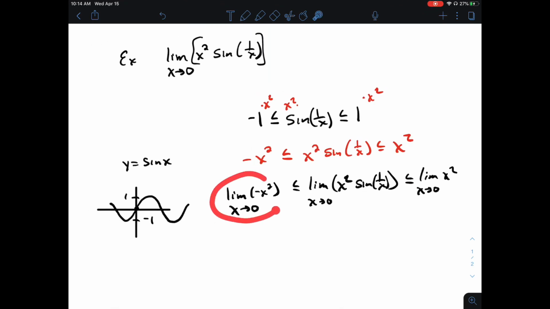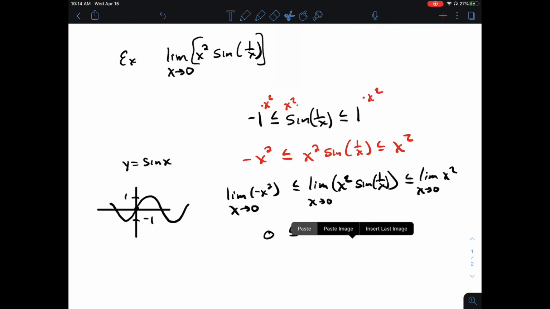Now we can figure this out pretty easily. If we substitute a 0 in for this, we're going to get negative 0 squared, which is 0. Don't know how to figure this out, so I'm just going to bring that down. Over here on the right, as x approaches 0, x squared is also going to approach 0, because if you put 0 in for this, 0 squared is 0.